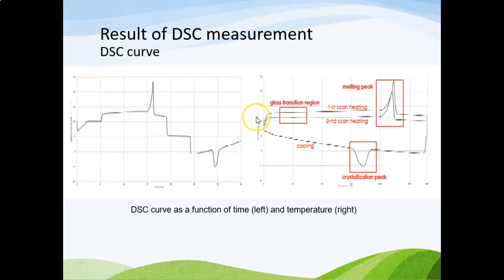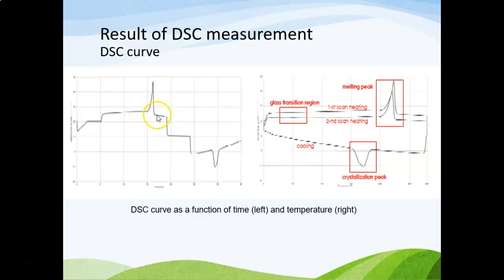So this one is referring to the endothermic process, whereby the TG is going upward and the crystallization peak is going deep downward and the melting temperature is going upward. This one is for temperature and this one is curve as a function of time. Actually, it is the same graph as we can see here.